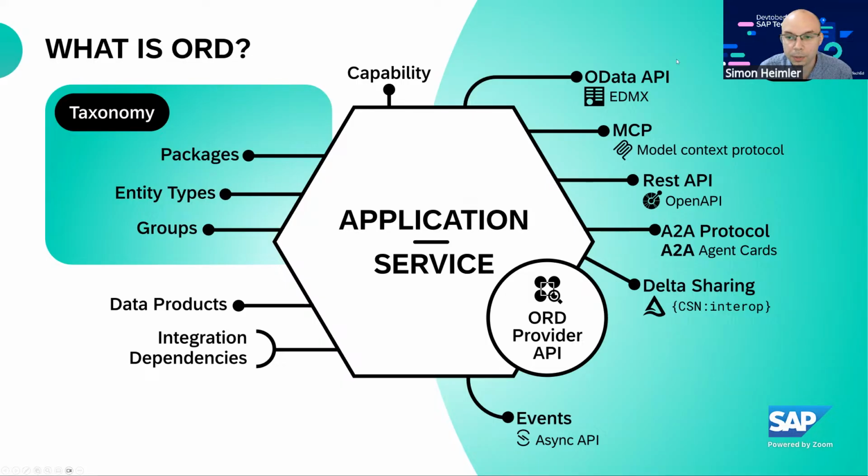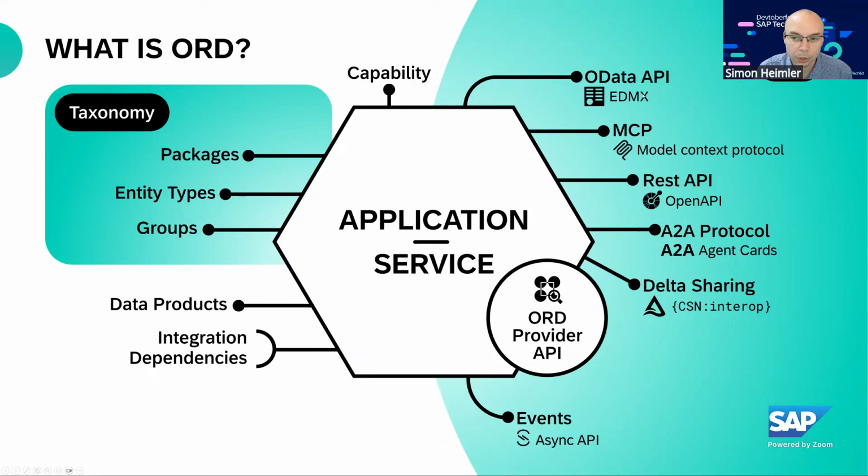On the right-hand side, you see we might have OData APIs. We have them a lot in the SAP ecosystem, but we also have REST APIs. And they are described using different formats, like OpenAPI for REST. OData is described as EDMX.